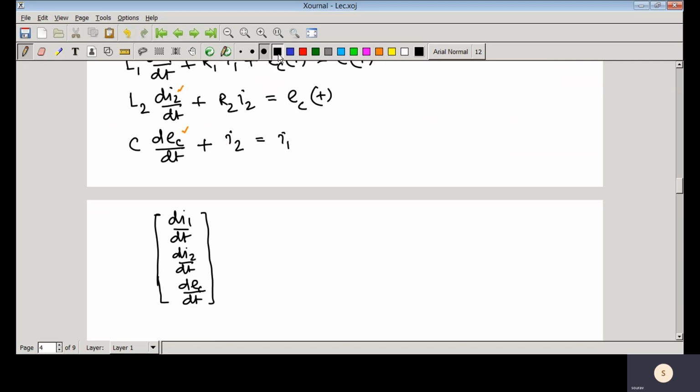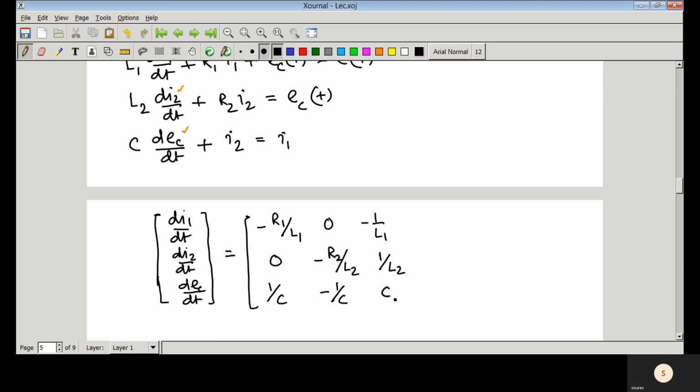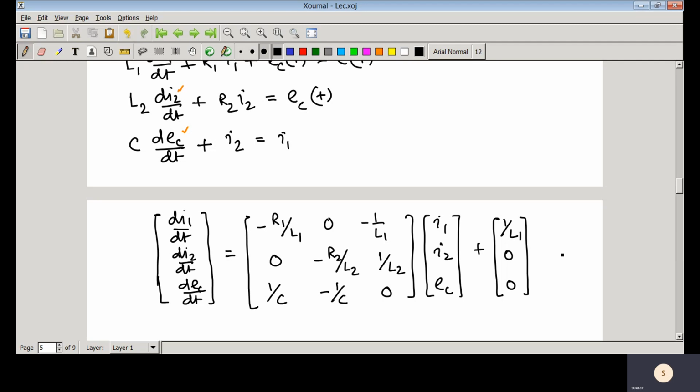So if we write these three equations in matrix form, what we get is minus R1 by L1, 0, minus 1 by L1, 0, minus R2 by L2, and then 1 by L2, then 1 by C, minus 1 by C, and 0. So I am just writing those differential equations in matrix form, and we get this particular state space description.